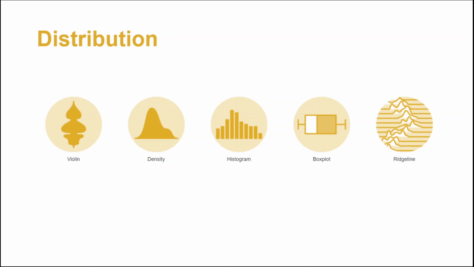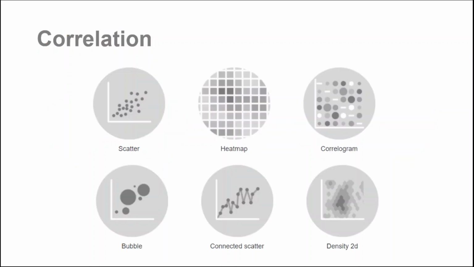So different kinds of distributions can be visualized, and different kinds of correlations can be visualized. You can see the scatter plot, heat map, correlogram, bubble, connected scatter, and the 2D density. And there is one package called ggplot2 in R Studio that does extensive visualization, and we can schedule those sessions in coming days.